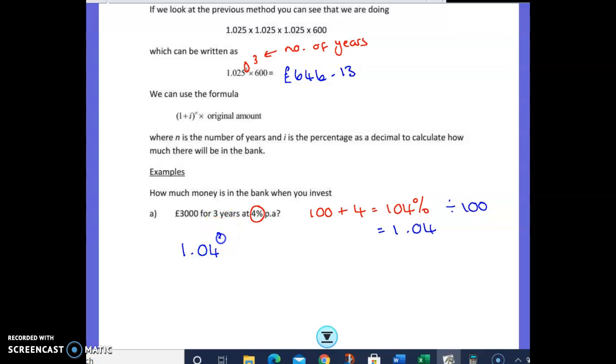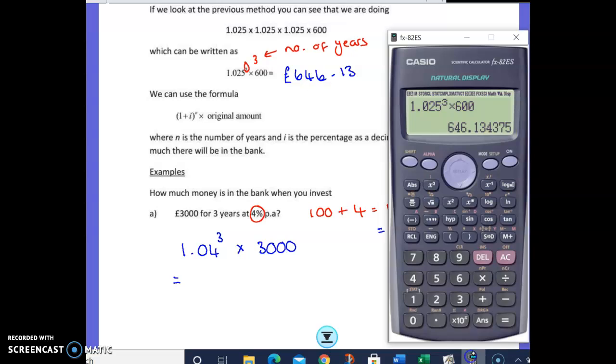It's for 3 years, so that's going to be to the power of 3, and I had £3,000, so I'm timesing by 3,000. My calculator, 1.04 to the power of 3 times 3,000.